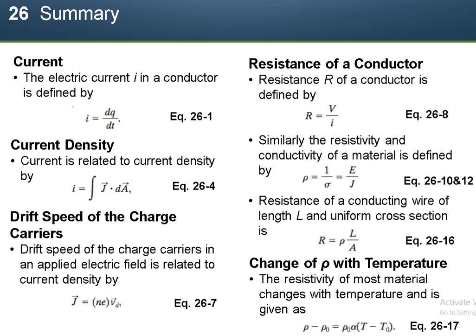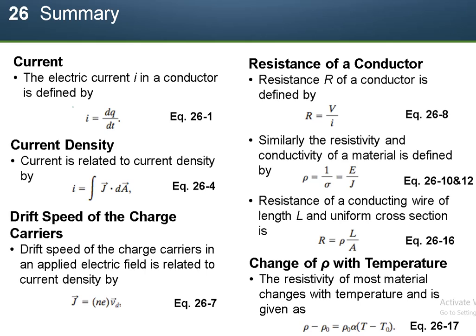And the current density, which is related with the current, I is equal to the integral of J dot dA. Here J is the current density, which relates with the smallest area dA. And the drift speed of charge carriers, where the charge carriers are the electrons. Therefore, the drift speed is related with the current density.